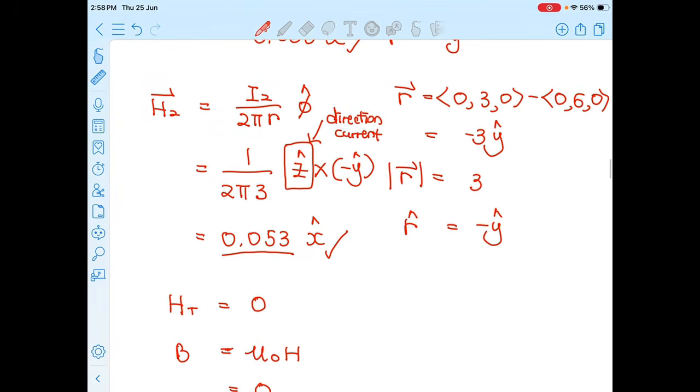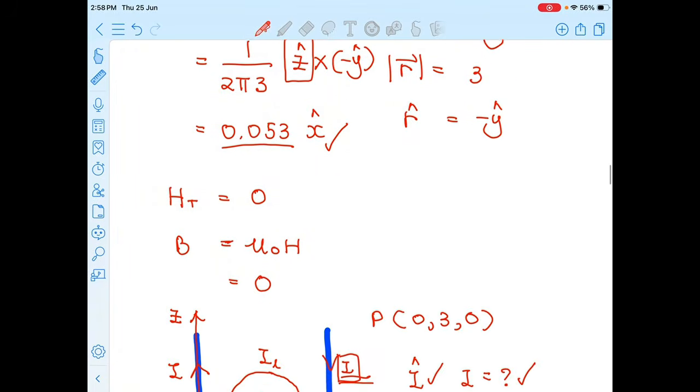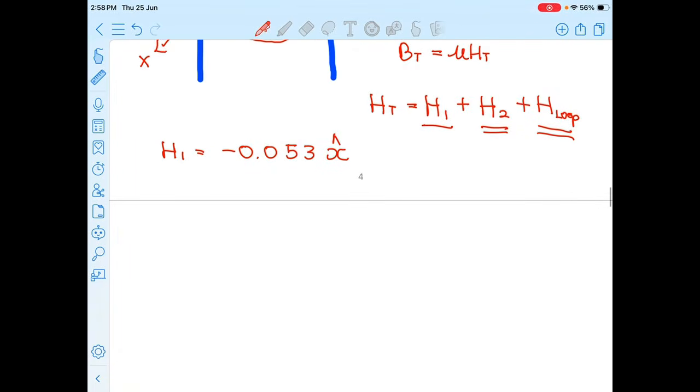So negative z and negative y will give you negative x. So here we will have H2 equal to negative 0.053x.